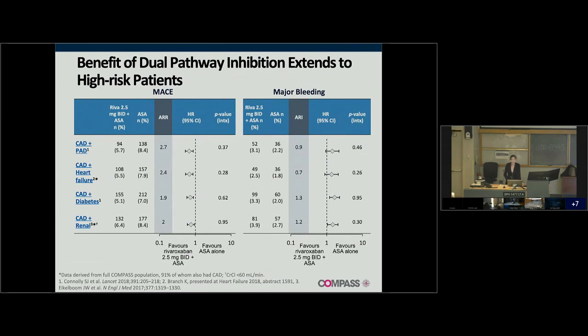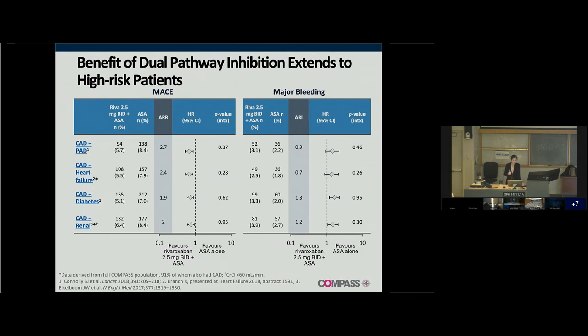So I had mentioned earlier that if you have additional high-risk comorbidities, in addition to having just had an MI or established ASCVD, those patients have a much higher risk of a subsequent event. But it was also shown in this study that those patients in particular had more benefit to derive from dual pathway inhibition.